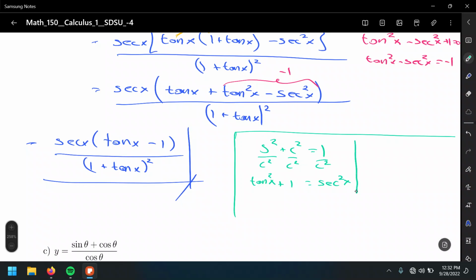And then, to derive the other identity, same, sine squared plus cosine squared equals 1. What if we divide by sine squared? 1. That's cosine over sine, which is cotangent. And what's 1 over sine?